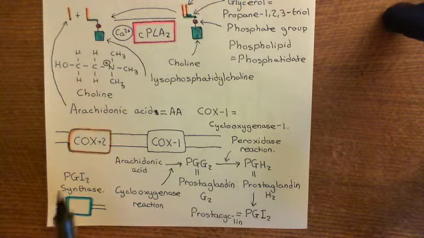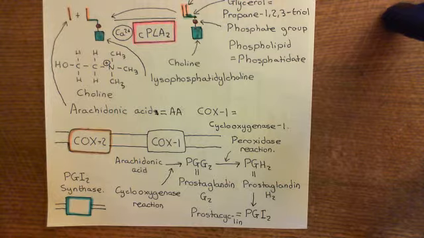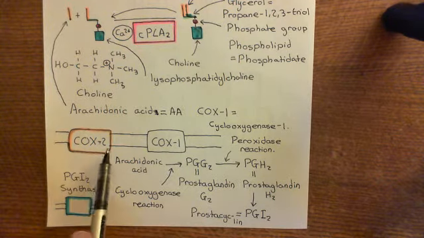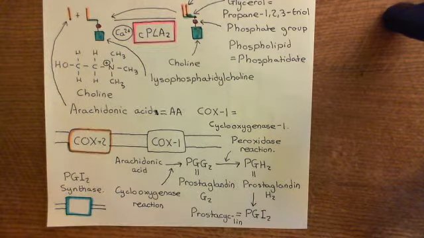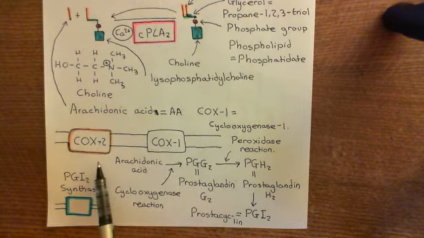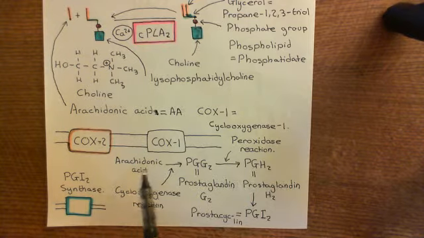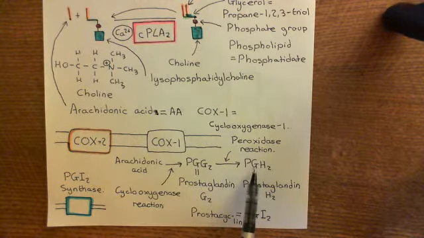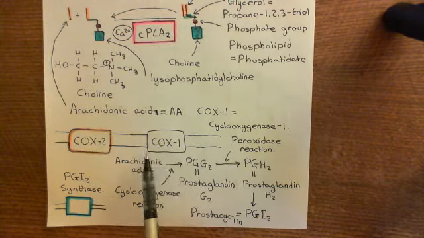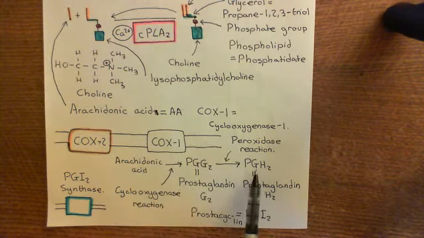However, when you have type 2 activation occurring as well, you're going to produce a new enzyme known as cyclooxygenase 2, and this is just bigger and better than the cyclooxygenase 1 enzyme. Basically, it can convert arachidonic acid into prostaglandin H2 far more rapidly than cyclooxygenase 1. It's much better at doing it.